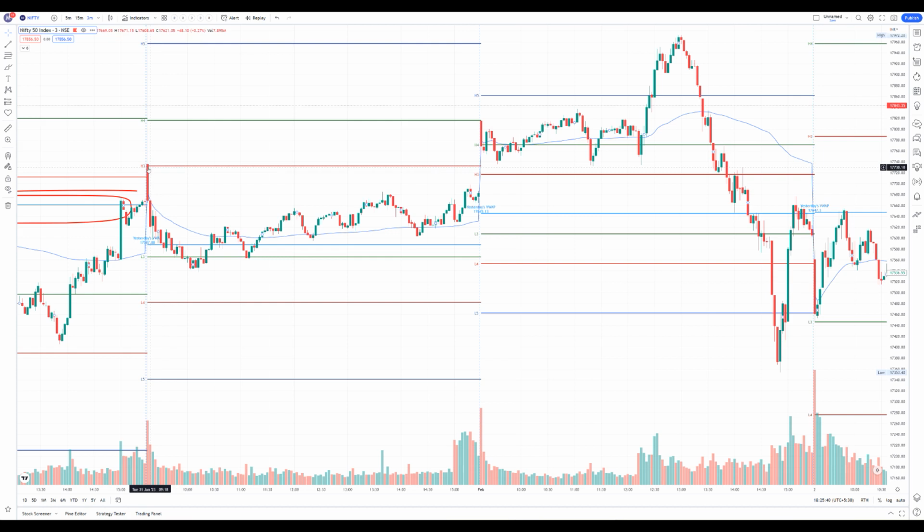Now here it has opened gap up. In the first candle itself it has fallen, then the trade goes back to L3, and from L3 it goes up again. Our target ideally should have been H3. However, it has not achieved H3, but look at the consolidation around this area.